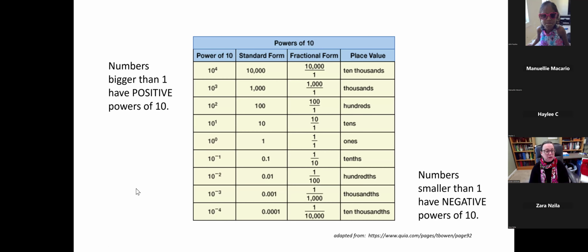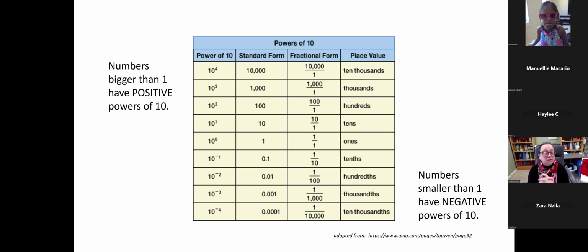Okay, so here are a few of the powers of 10. Obviously, we can raise 10 to any power. So it doesn't have to be just these values. We will see powers of 10 bigger than this and smaller. But numbers that are bigger than 1 have a positive power for their exponent, right? So anything to the 0 power, that's right in the middle of our chart, that means something times itself 0 times.